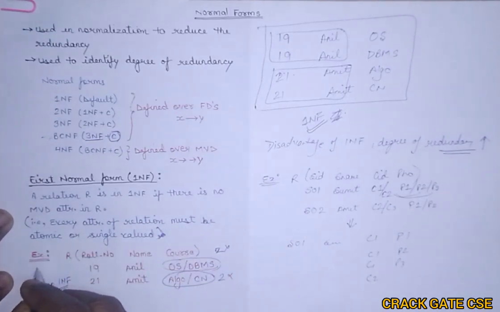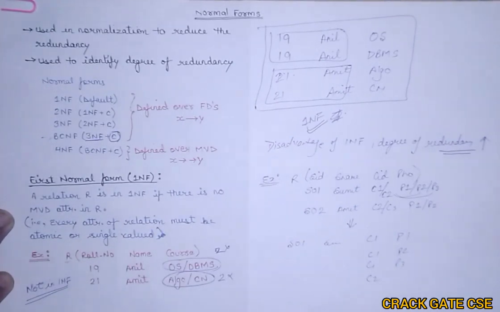For example, here we have a relation R with 3 attributes: roll number, name and course. You can see that the course attribute has multiple values for a single row, so it is a multi-valued attribute. Since 1NF does not allow multi-valued attributes, this is not in 1NF.